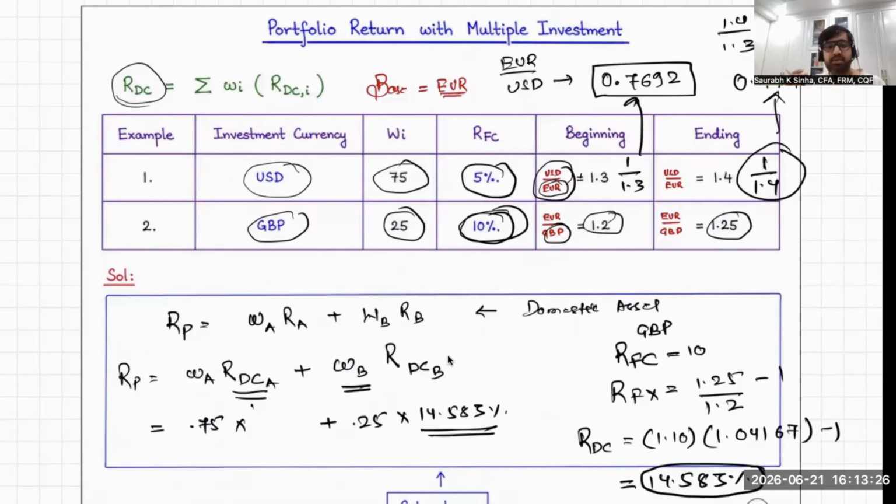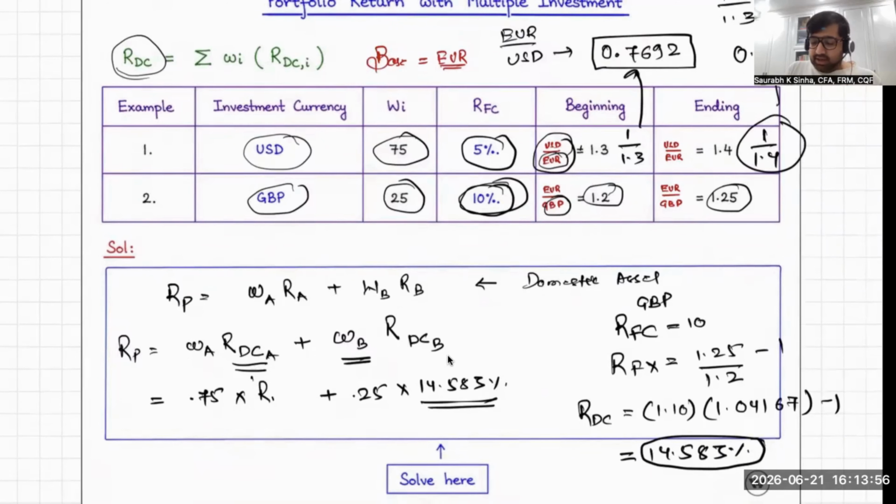Has it appreciated or depreciated? Depreciated, we all know. Let's find out the value. So it would be 0.7143 divided by 0.7692, and this has depreciated somewhere around 7.2%. Okay. So let's find the RDC for USD.